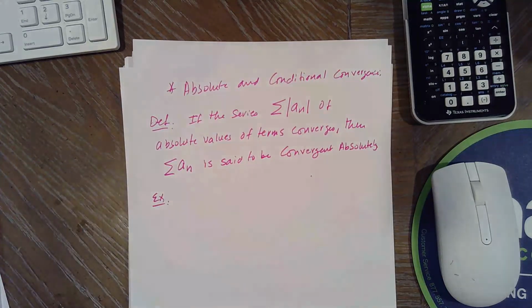So if you're doing the sum of the absolute value of the terms and you get convergent, then that series sigma an is called converges absolutely.